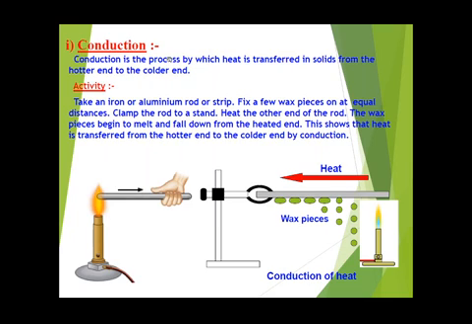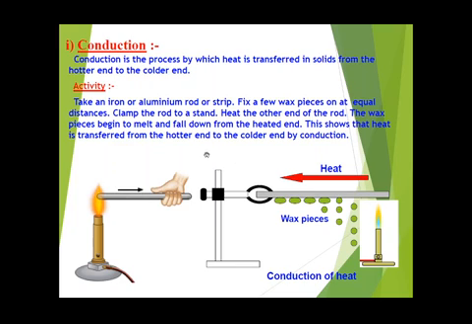Now first is conduction. Conduction is the process by which heat is transferred in solids from the hotter end to the colder end. So now what is happening over here? In conduction, heat is transferred in the solids. Now if you are holding an iron or aluminium rod, this is the activity which demonstrates conduction.